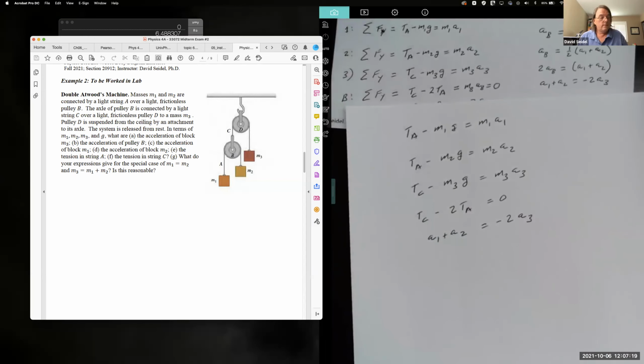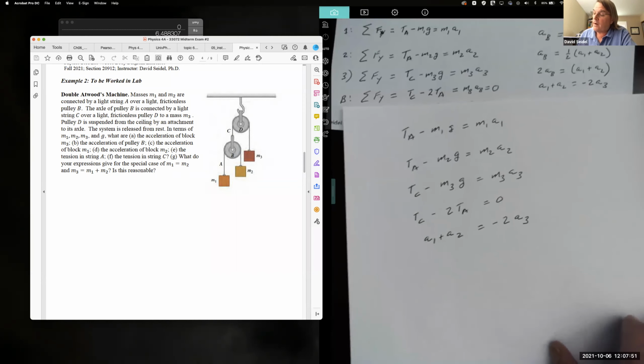Now, I'm not going to continue on and solve all the expressions. Let me see if I did A3. Again, it's going to depend on the masses and the sign and what you choose for your coordinate system as positive and minus.